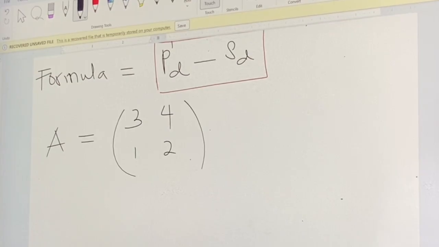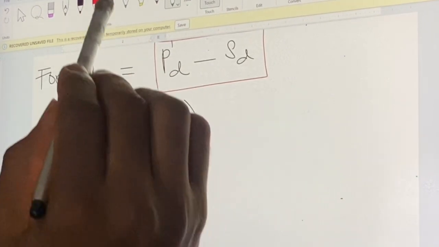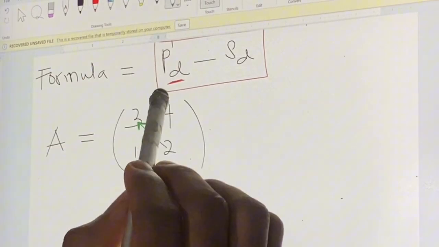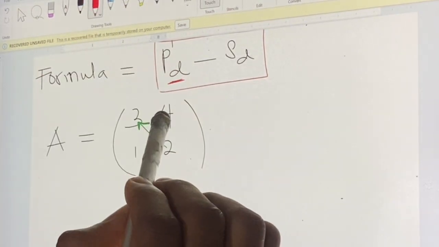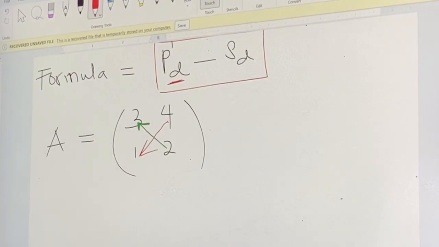How do we form the primary diagonal and the secondary diagonal? When you multiply these parts together, you have the primary diagonal. When you multiply this other part together, you get the secondary diagonal. Please take note of this.